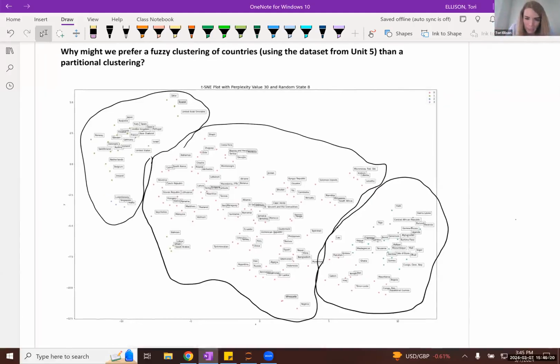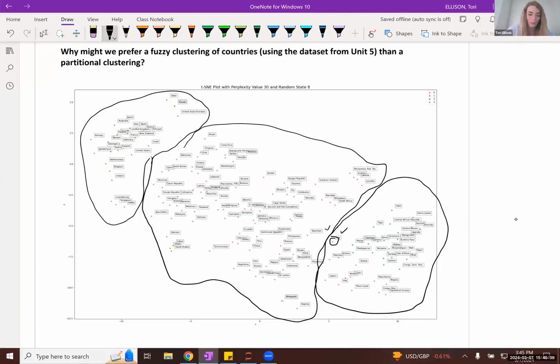But, for instance, if you were a country that existed sort of on the border between two groups, it might not necessarily be the most fair thing to say that this country belongs to this group wholly, or to that group wholly.